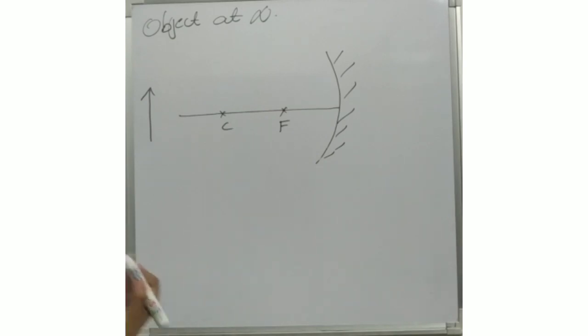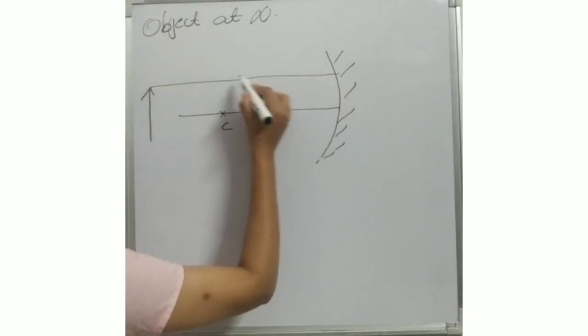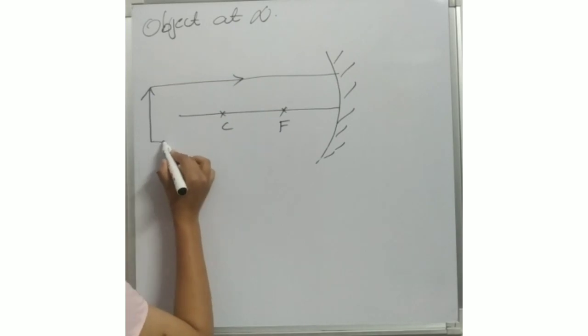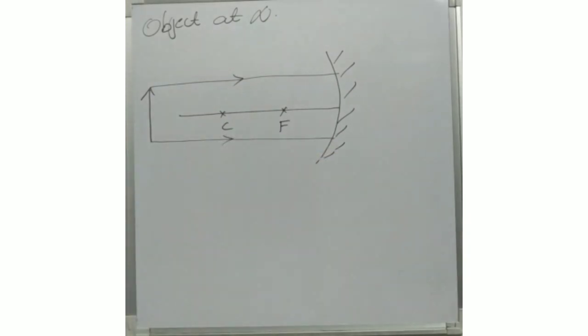One parallel line we can draw from the top part, another from the bottom part. These two will be parallel to the principal axis.